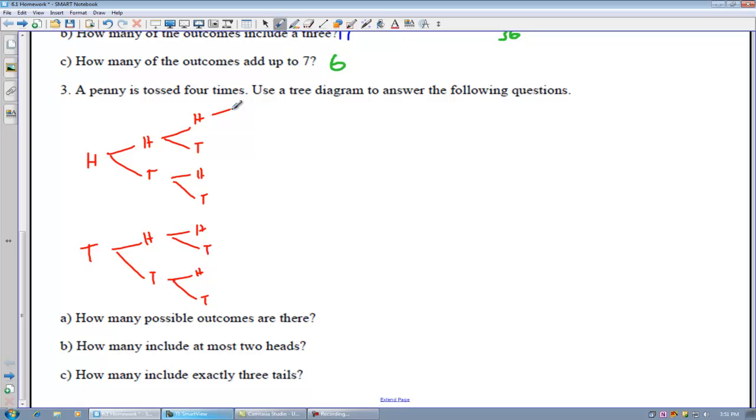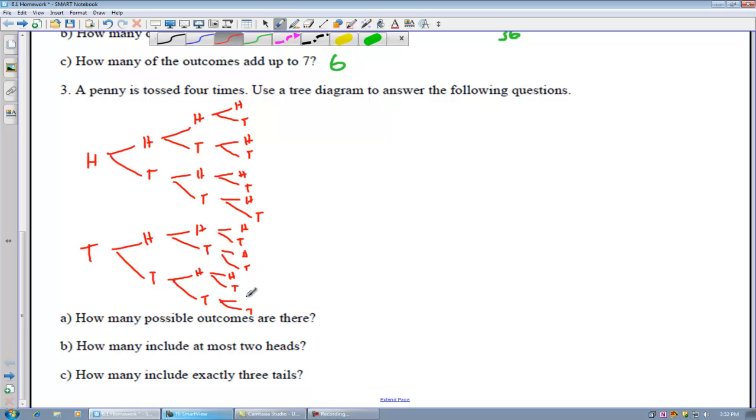And then the fourth toss, heads or tails, heads or tails, and so on for each branch, and finally heads or tails.